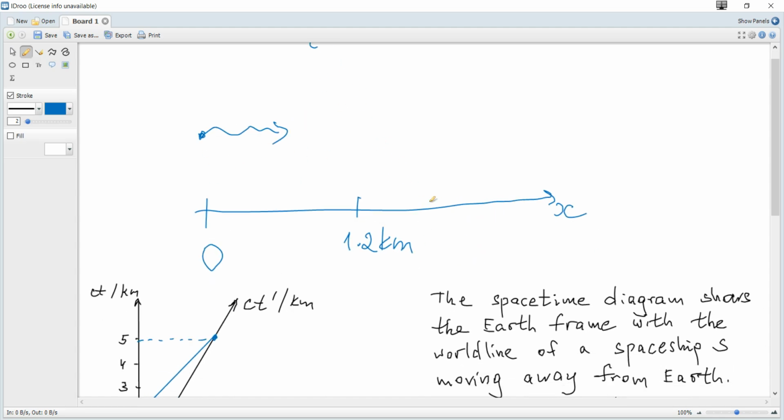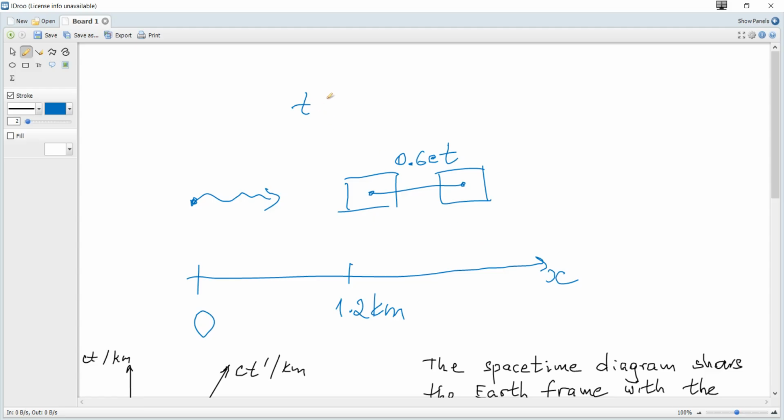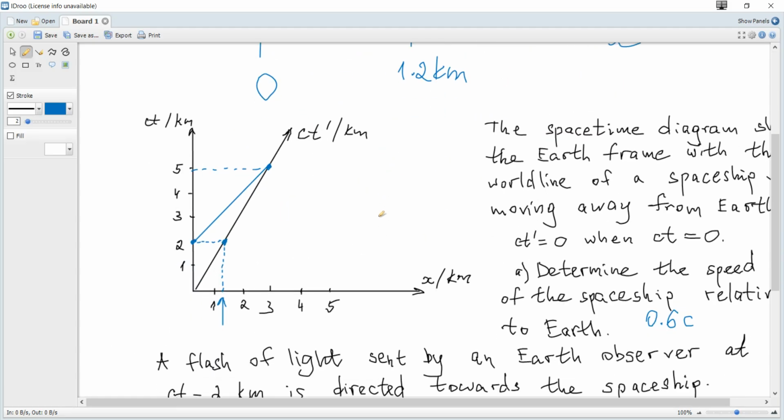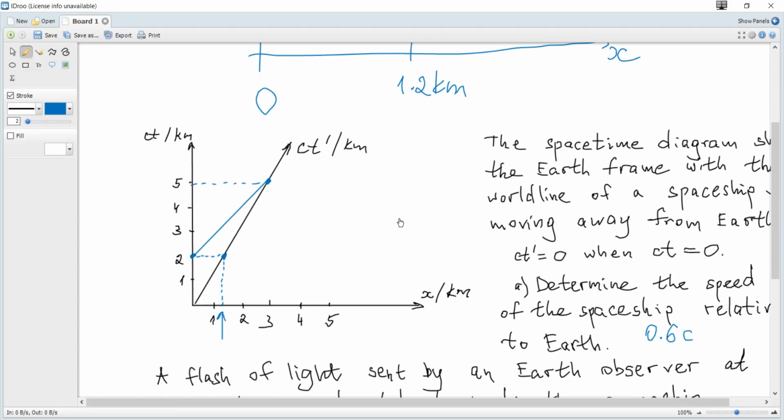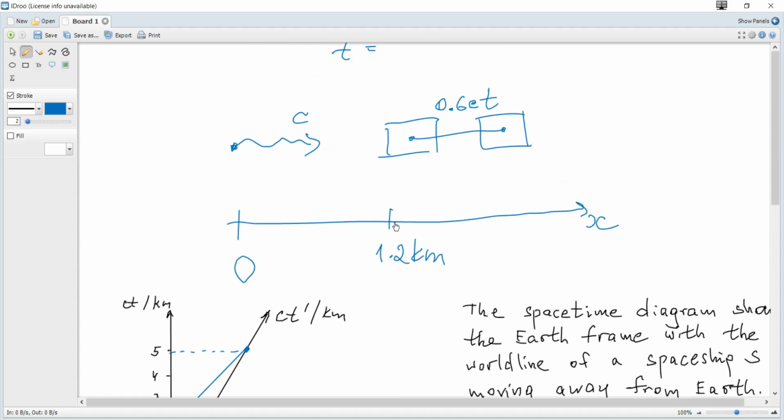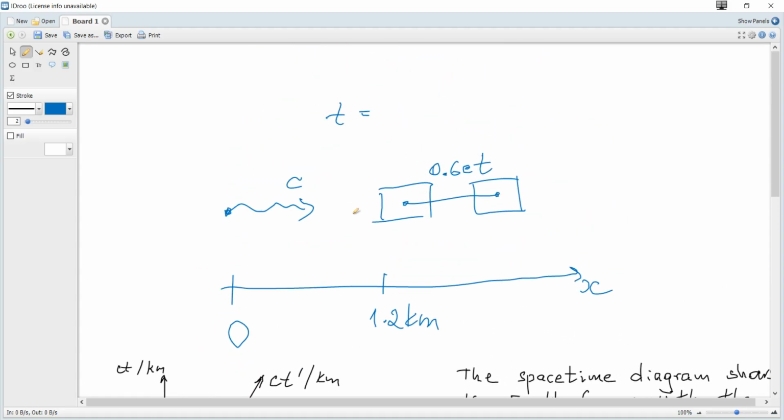Let t be the required time for the light signal to reach the spaceship, but during this time t, the spaceship is also moving, and it travels some distance, which is speed times time, so it's 0.6 c times t. And time is distance over speed, and the distance to be traveled is 1.2 kilometers plus this additional 0.6 ct, divided by c, the speed of light.